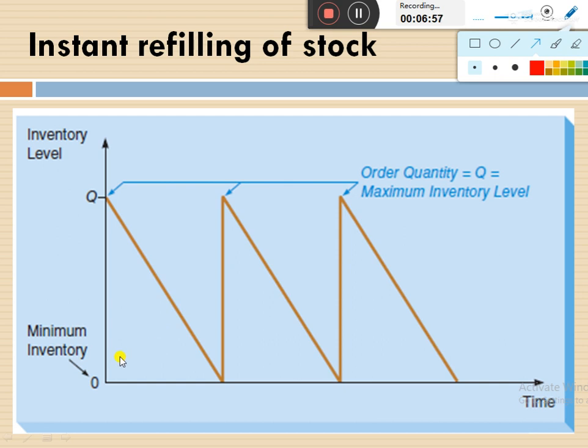Suppose that in this graph, the minimum inventory is equal to 0 and the maximum inventory is equal to Q. That is denoted by the vertical axis of this graph. And the horizontal axis denotes the time period.